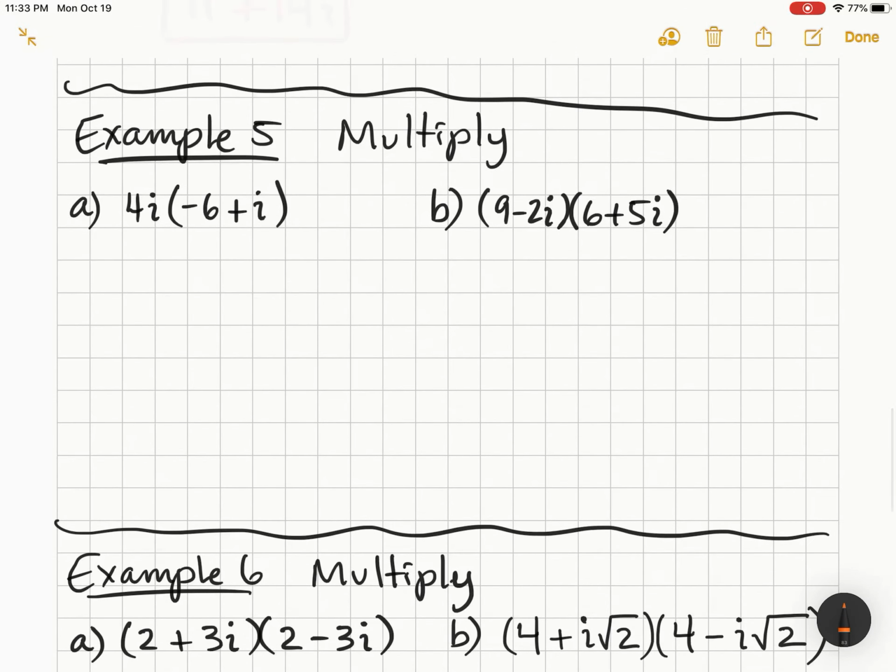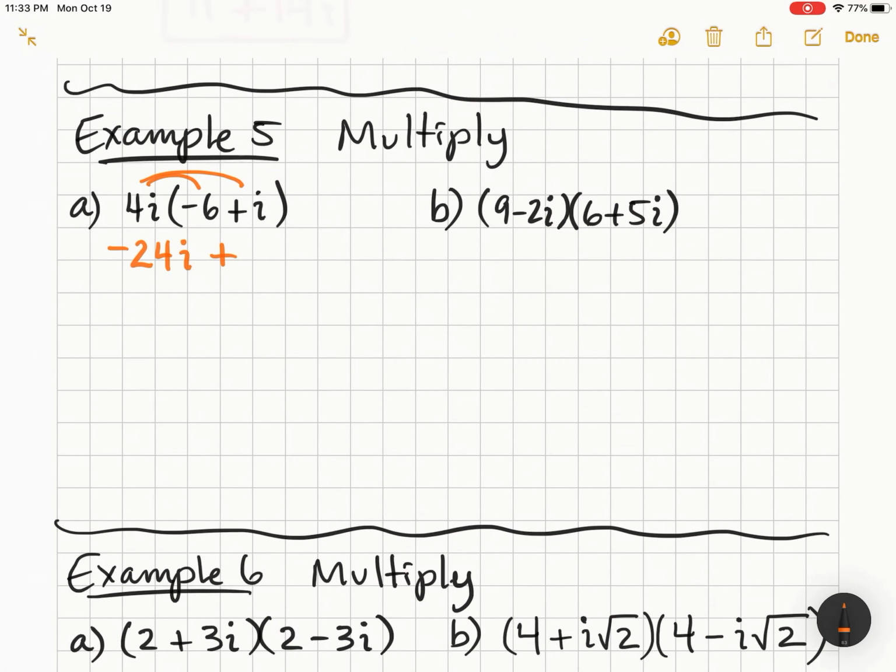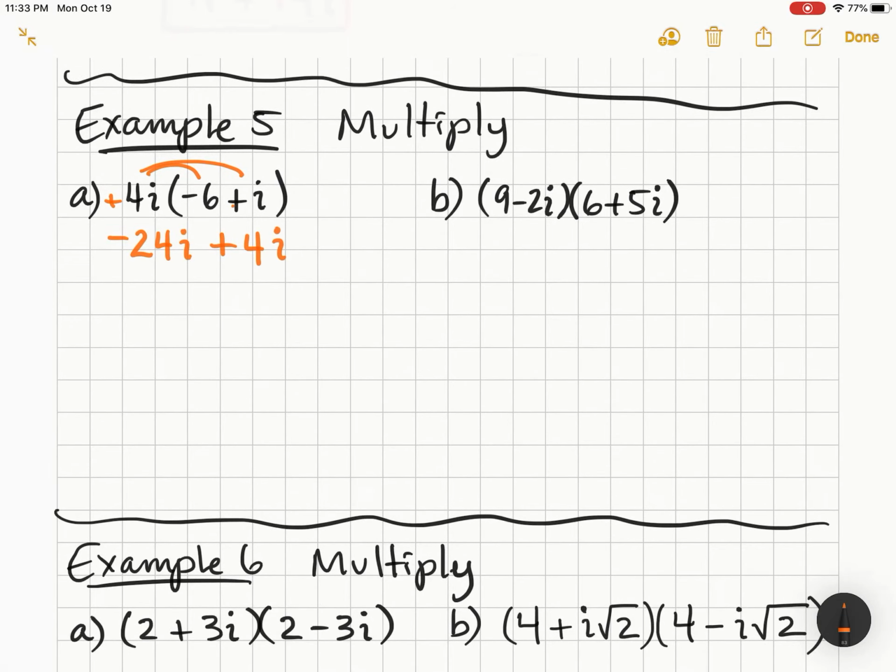Example 5. It'd be a great idea if you pause and give it a try on your own. Okay, hopefully you tried it. Let's see if you got it correct. I'm going to distribute the 4i, so I get a negative 24i. And now 4, that's positive because it's positive here and positive here. And now i times i is i squared. Oh boy. Remember, i squared equals negative 1.